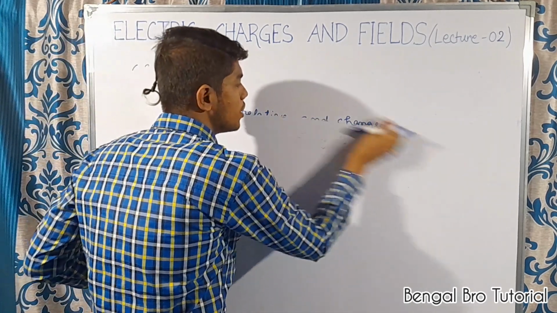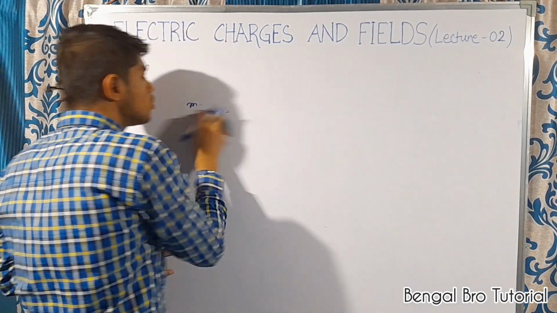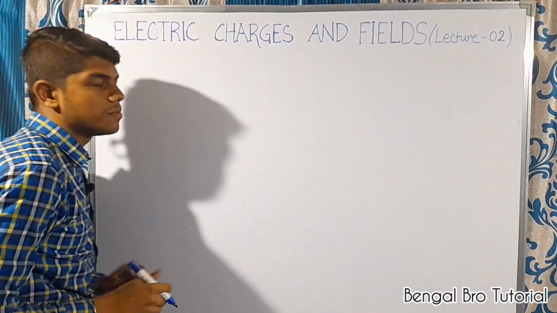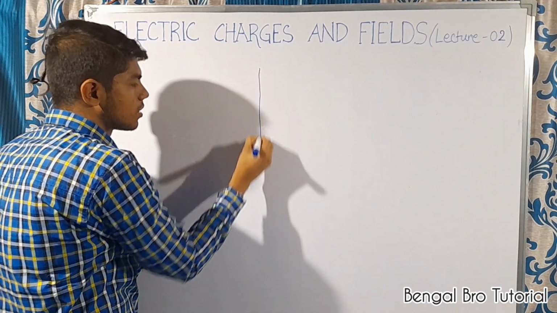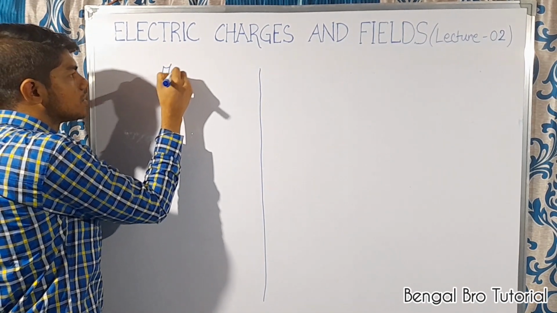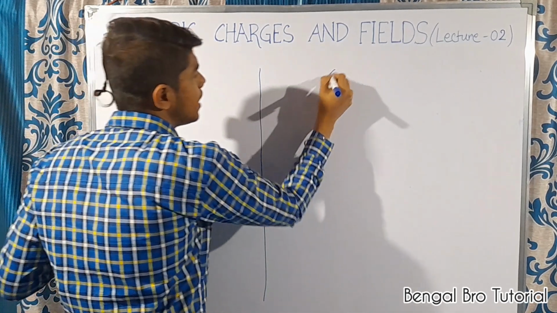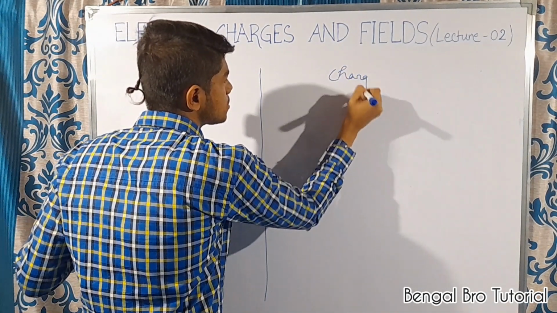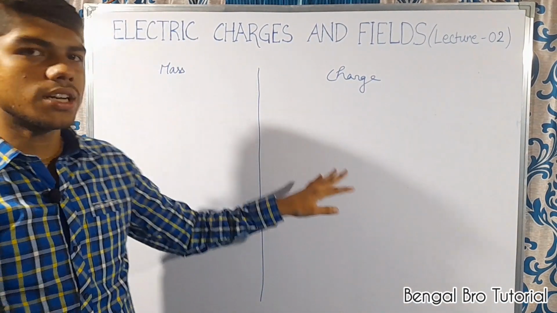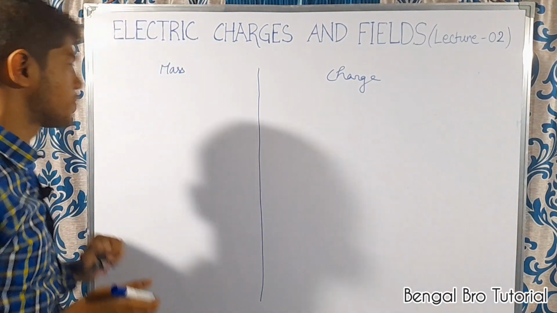Finally, we are going to look at the difference between charge and mass. What are the differences between mass and charge? Can you now differentiate between mass and charge? Let's see them one by one.